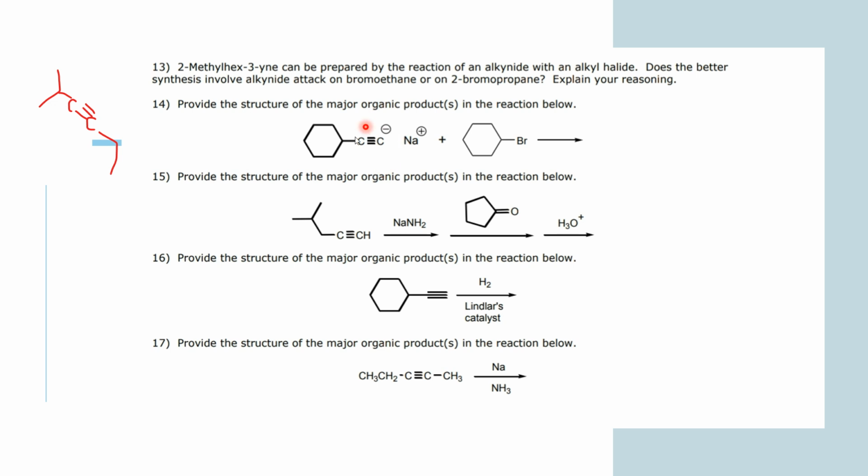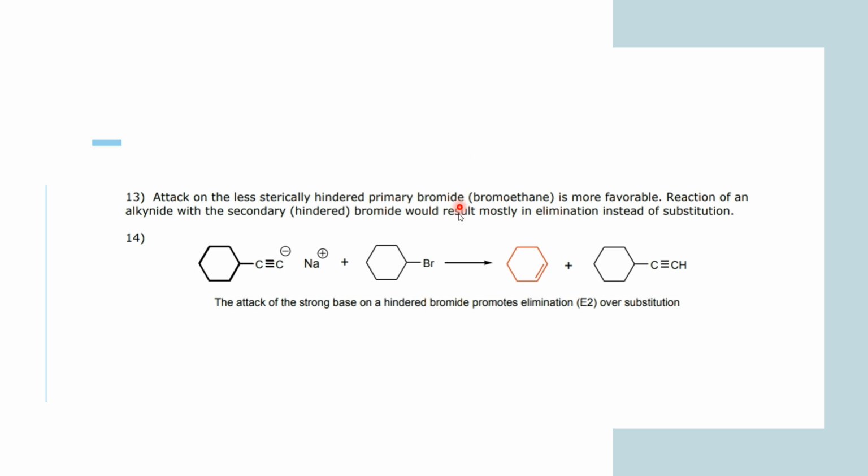That means this species, being a charged species, is a strong base and will definitely have a high driving force of being neutralized by reacting with this alkyl halide. But since it is a sterically hindered alkyl halide, the reaction will follow an E2 elimination pathway over SN2 substitution.